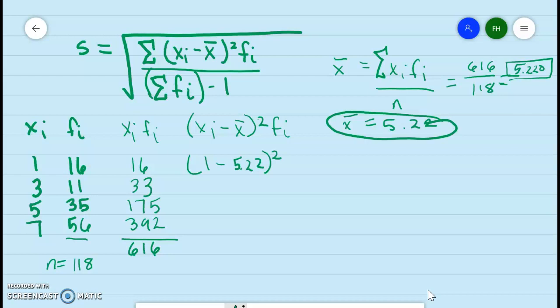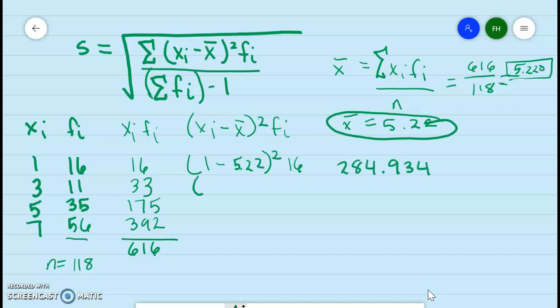They did not round their answer. They immediately times what they got. So if you square that and times it by your frequency of 16, you're going to get 284. Now you're going to round to the third decimal place.